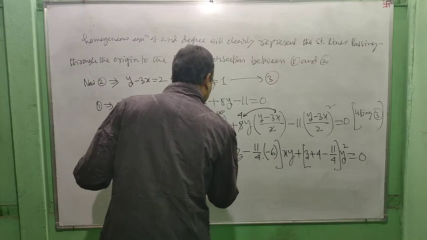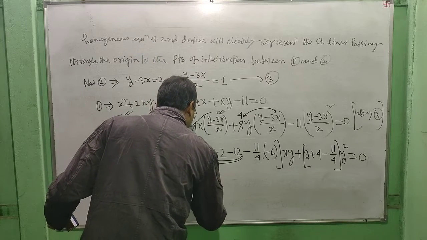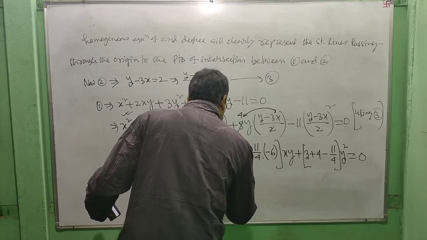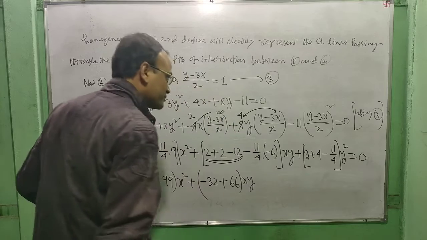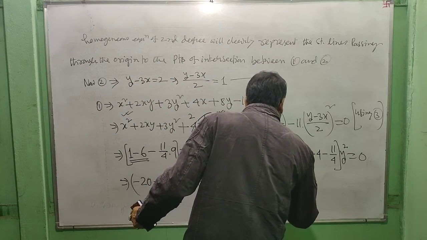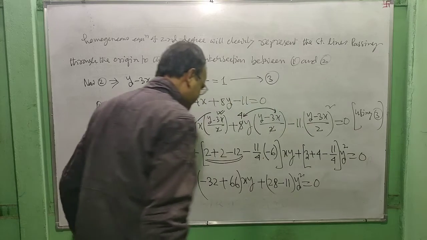Plus 4 minus 12 means minus 8, minus 32, plus 66xy, plus 28 minus 11 y square, this is equal to 0.